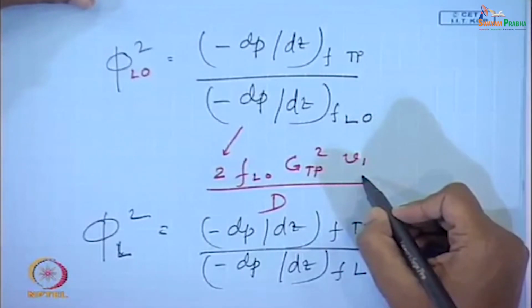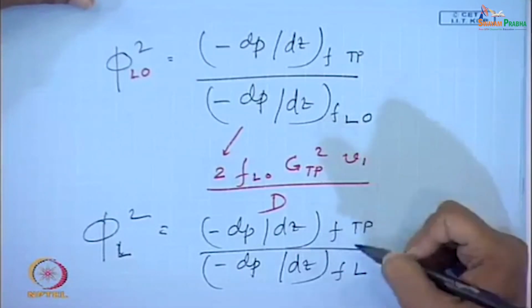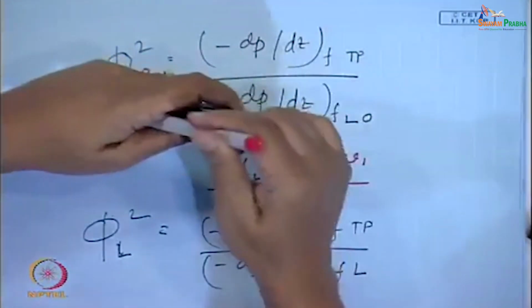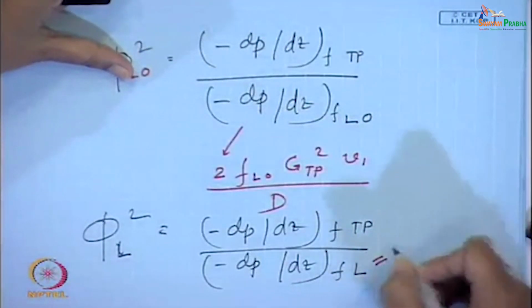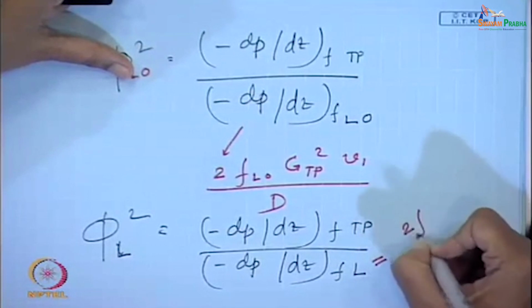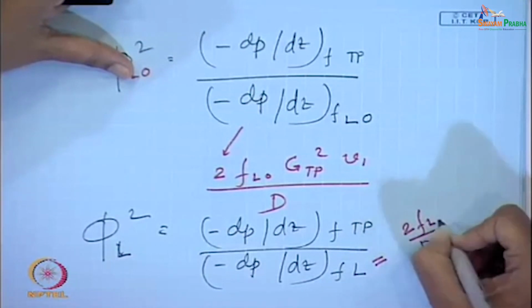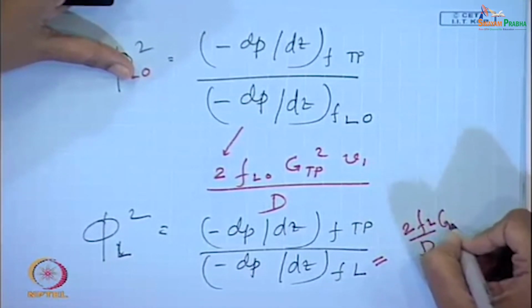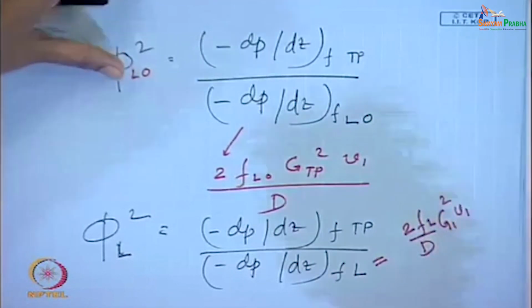Whatever liquid was there, try to understand the difference between the two. For the first case, what was it? The entire mixture flows as liquid. For the next case, this is 2 f_L by D G1 square v1.